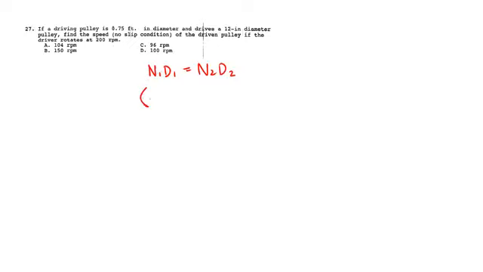So 200 RPM times 0.75 feet times 12 to make it inches is equal to N2 times D2, which is 12 inches. So our N2 is 150 RPM.